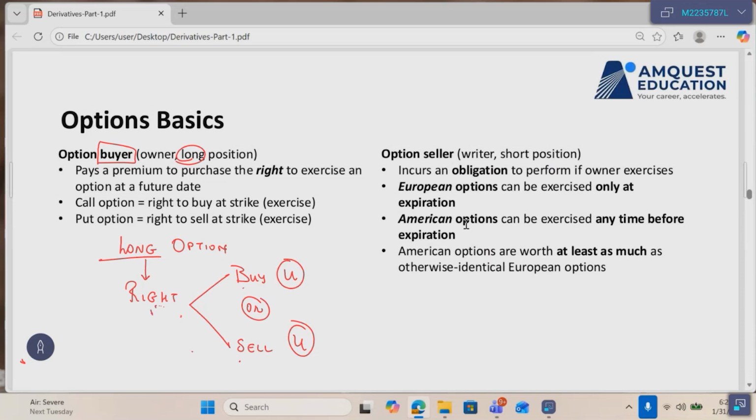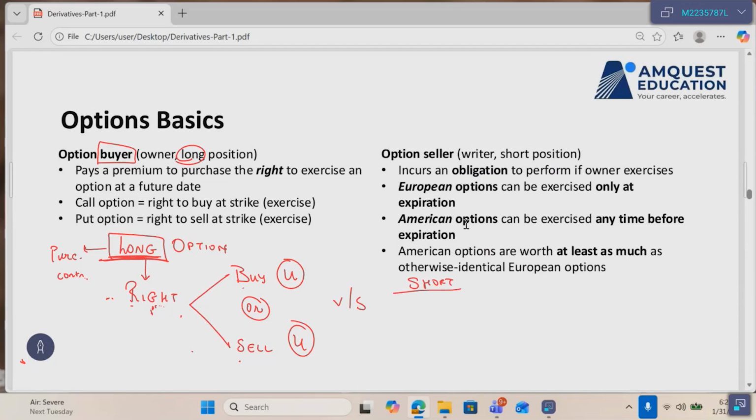Why? Because he is long. And long is nothing but the fellow who has purchased the contract. Correct? If this guy has the right, who has the obligation? The fellow who is short.